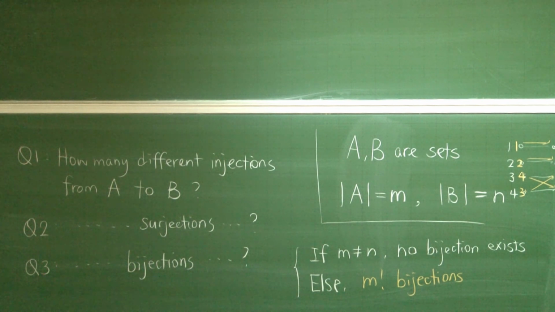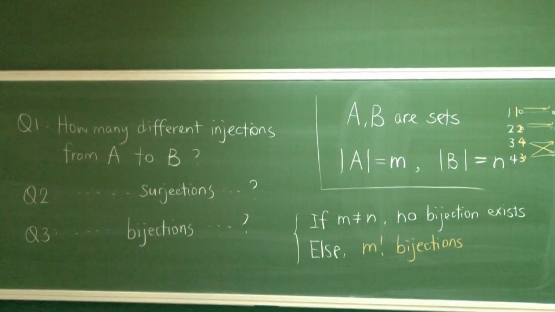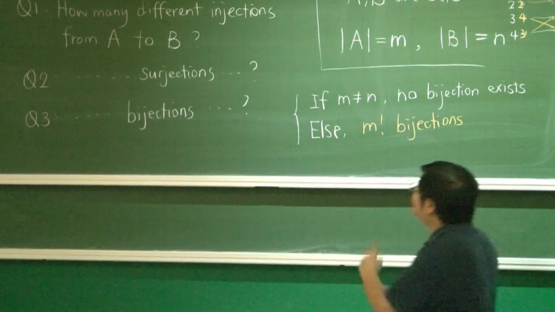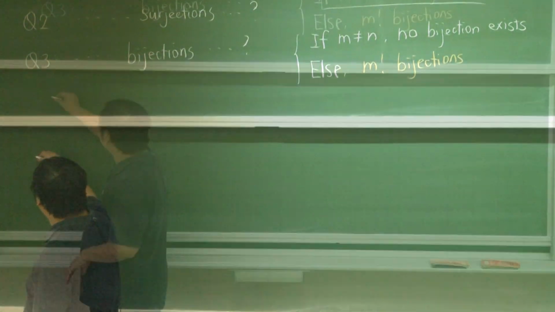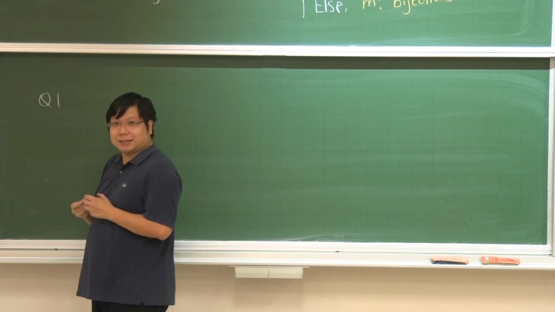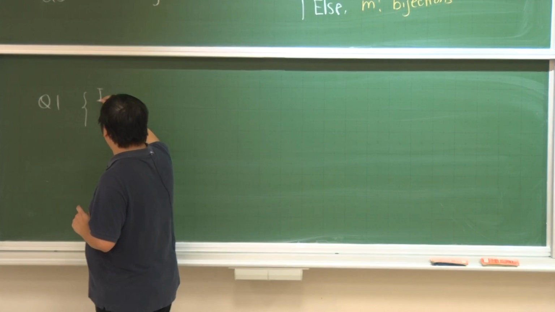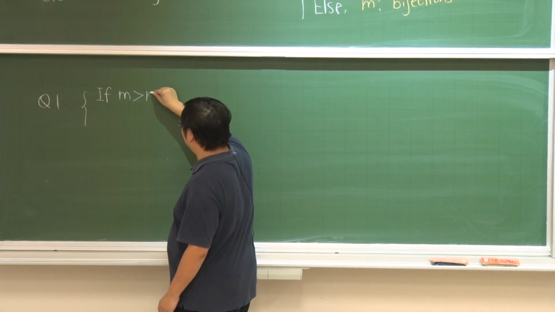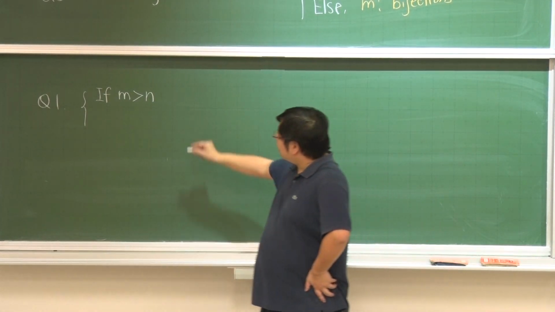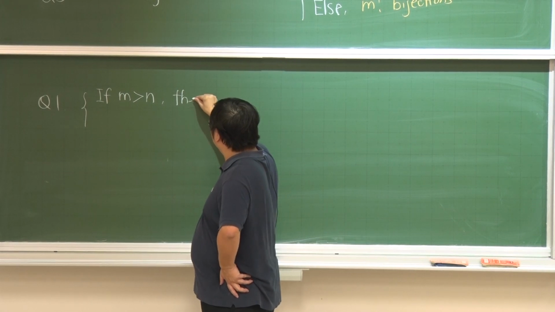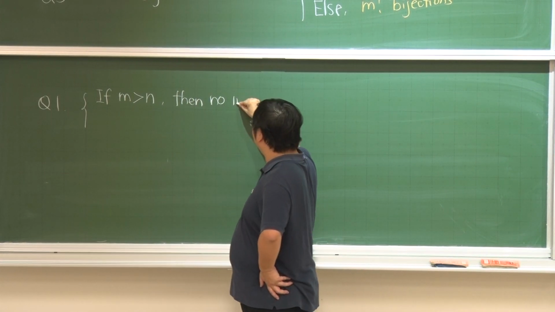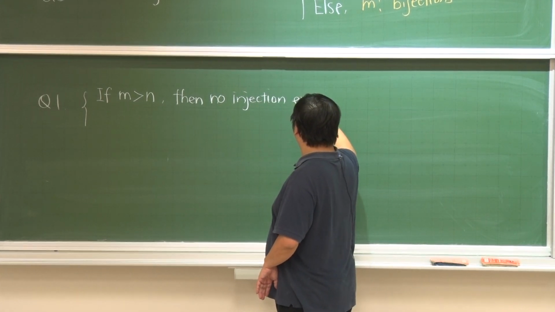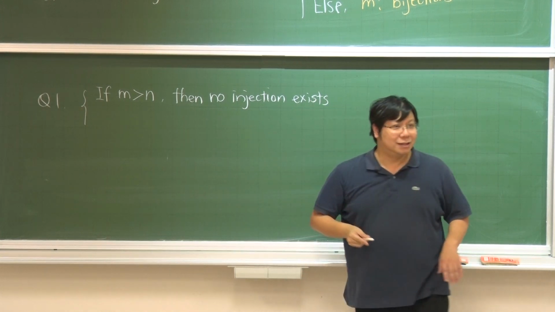So how about the next one? How about injection? For injection, you need to have a distinct shot for everyone, right? So for Q1, I can also say something about it. If m is greater than n, then no injections exist. Why?